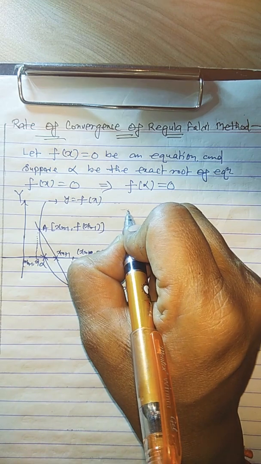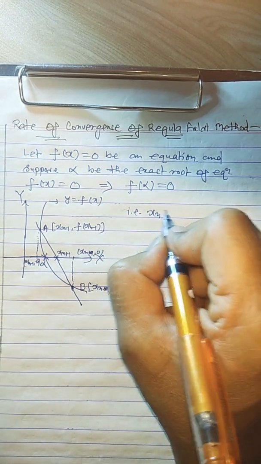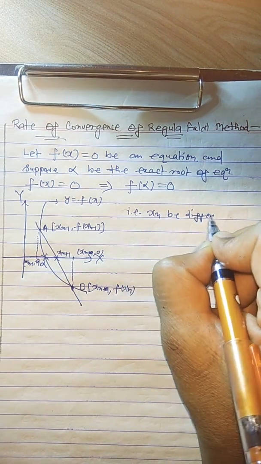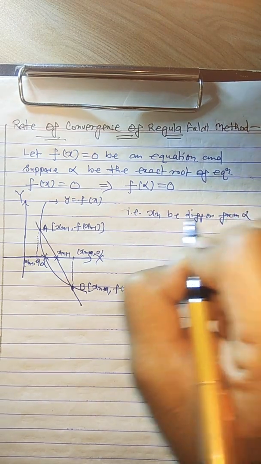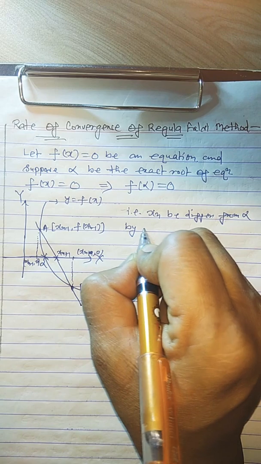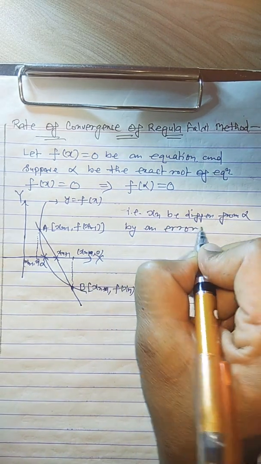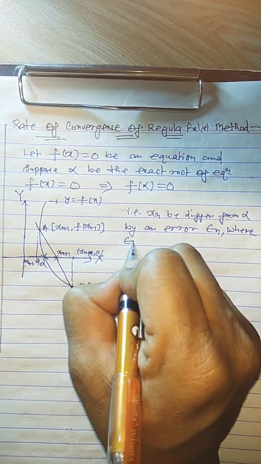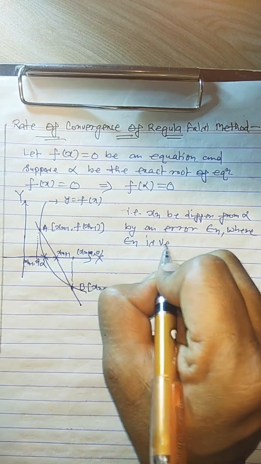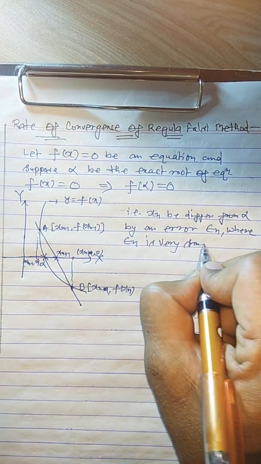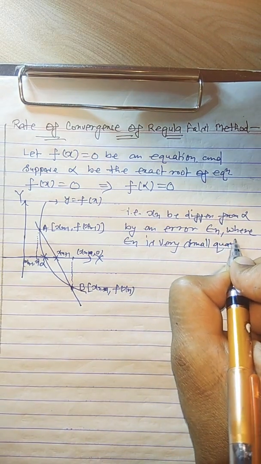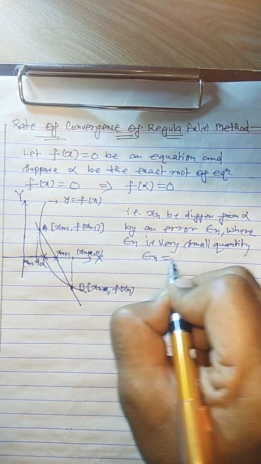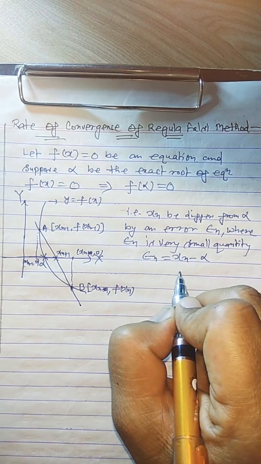Here xn will differ from alpha by an error epsilon n, where epsilon n is a very small quantity, meaning epsilon n = xn - alpha.